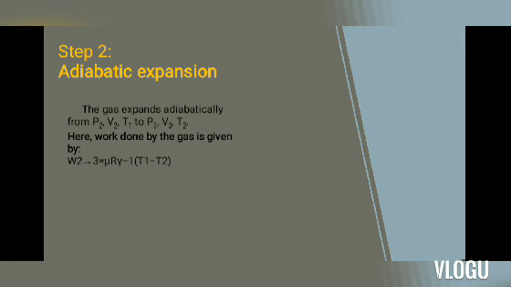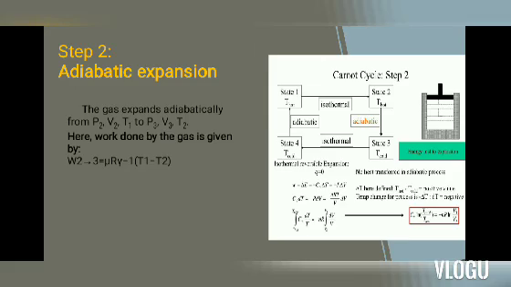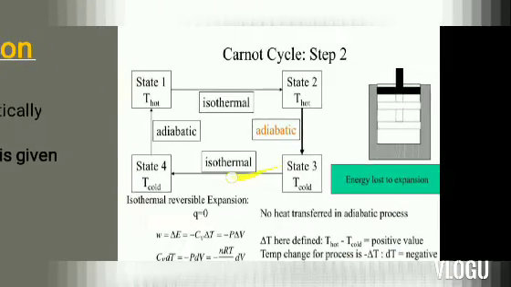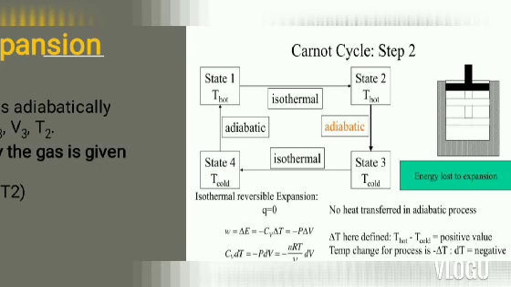So the substance continues to expand adiabatically, defined as occurring without loss or gain of heat from the system during this stage. The volume increases from volume 2 to volume 3, resulting in a fall in the temperature from T1. Here is the picture of Carnot cycle step 2.